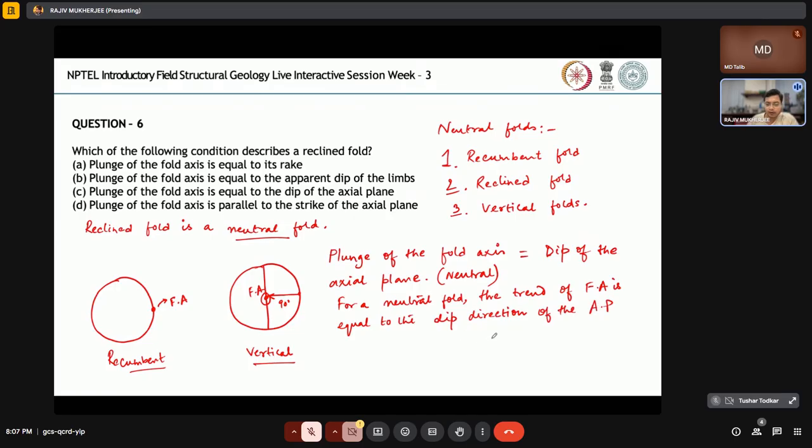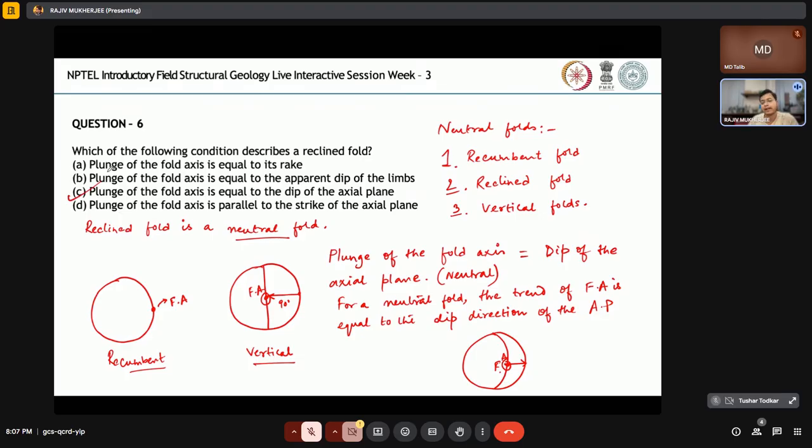That means if we draw a stereonet, if this is the axial plane, then this is the dip of the axial plane, this is the dip direction, this will be the fold axis, and they would have the same trend and dip direction for the plunge and the dip amount of the axial plane. So option C is correct, because for a reclined fold we need the plunge of the fold axis to be equal to the dip of the axial plane.